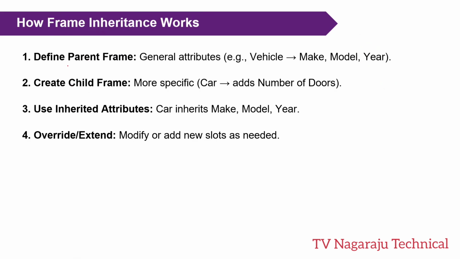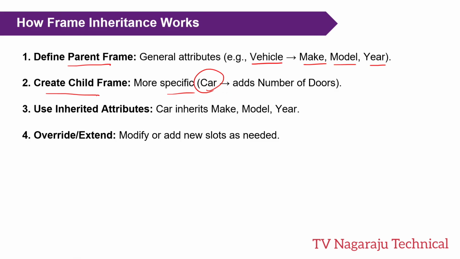See this one. First, we define the parent frame. That is, create a general frame with common attributes. For example, vehicle is the parent. Here I have some common attributes: make, model, year only. Then you need to create child frames with more specific features. Suppose one child is car, one child is truck, one child is bus.